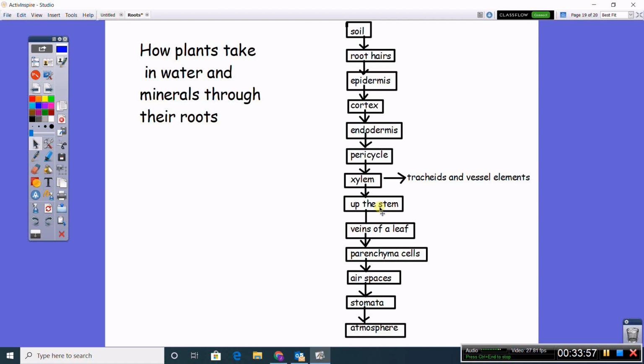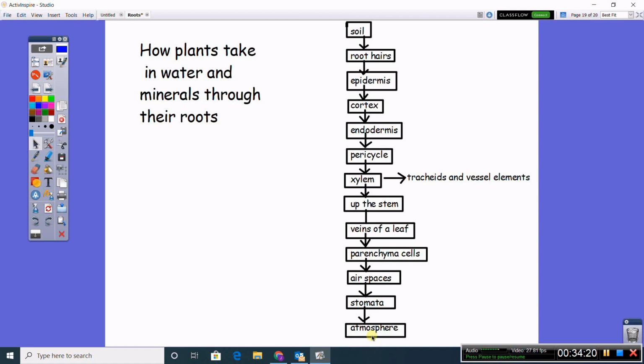They're going to take water up the stem to the veins of a leaf, to the parenchyma cells, okay, could be to the palisade parenchyma, could be to the spongy parenchyma, and then the water vapor will exit the air spaces of the leaf. It will leave through the stomata and go to the atmosphere.